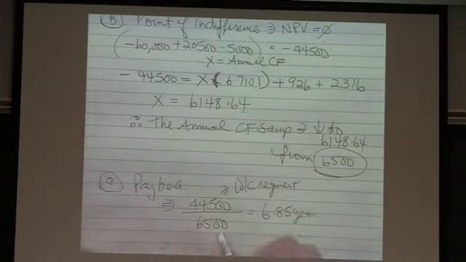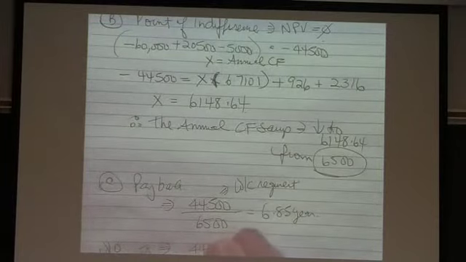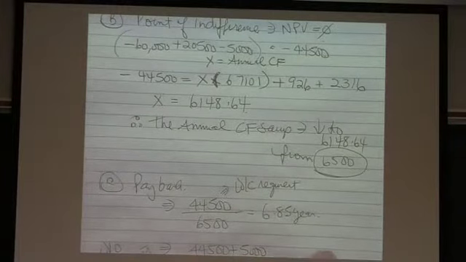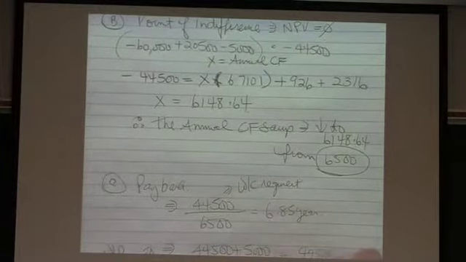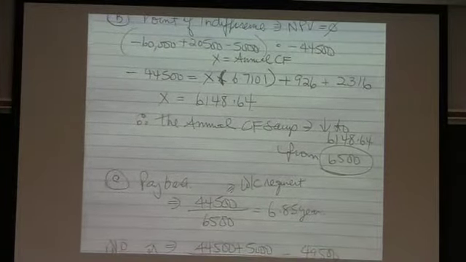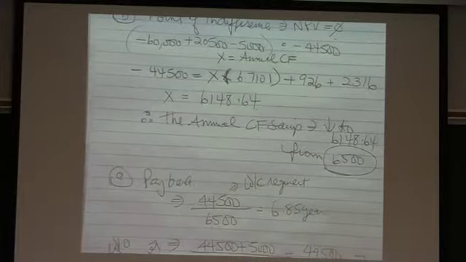So perhaps without the working capital requirement, it would be 44,500 plus the 5,000 divided by 6,500. Because what we want to know is the cost of the investment really is going to be 44,500 plus the 5,000 is 49,500 divided by 6,500 is 7.615 years.